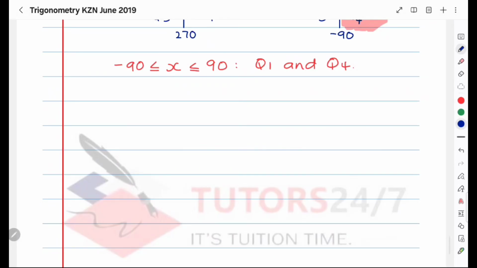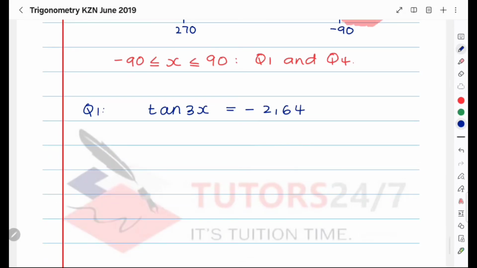So for quadrant 1, we have tan of 3x is equal to negative 2.64. From here, I'm going to move tan to the other side. So it is going to be 3x is equal to tan inverse of 2.64.